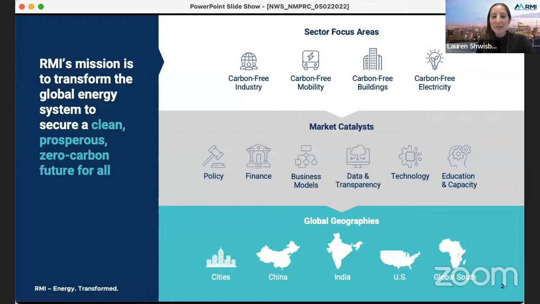The 4 sectors being industry, mobility, buildings, and electricity. And the 5 places being China, India, the US, the global South, and cities globally. We also work on what we call a number of market catalysts, things that we believe will really accelerate the energy transition. So cross-cutting topics across policy, finance, business models, data transparency, and education and capacity building as a core tenet of our work as well.